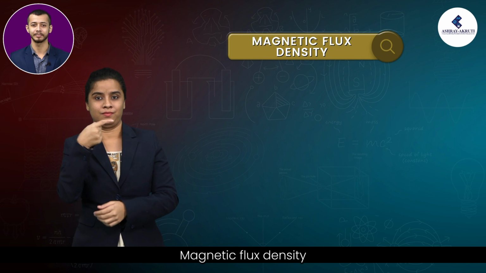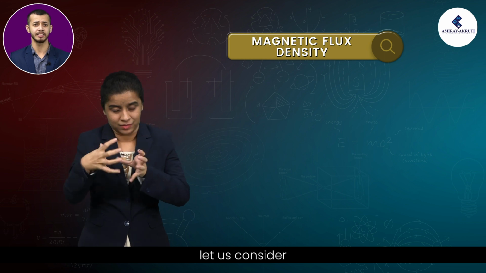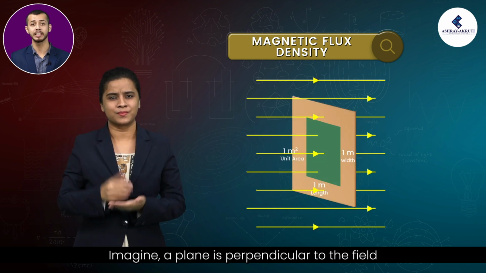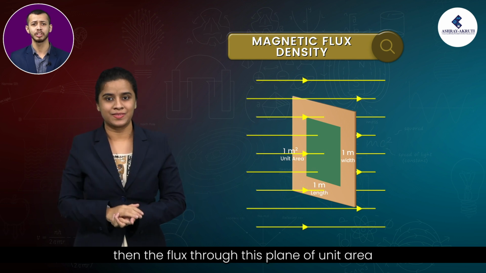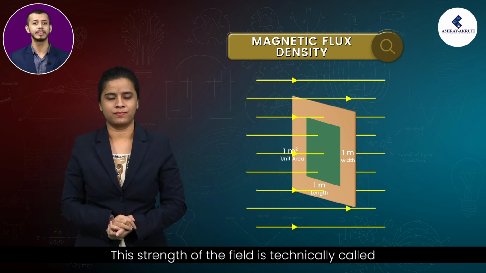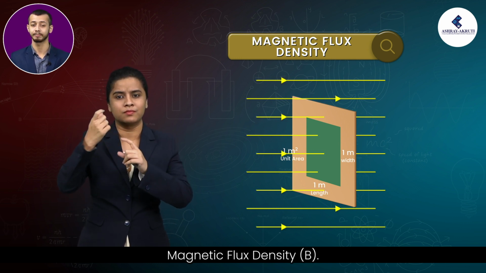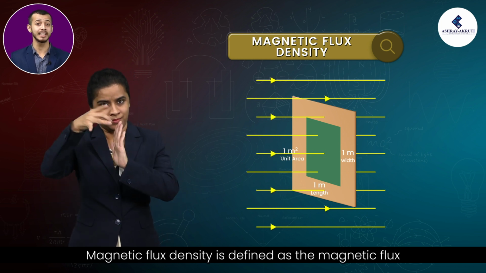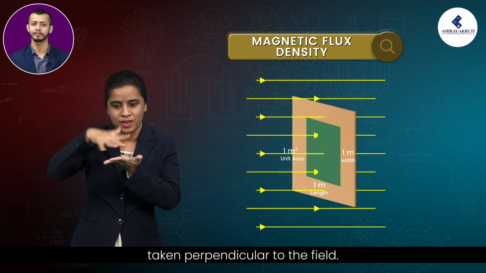Magnetic flux density. To understand the concept of magnetic flux density, let us consider a uniform magnetic field in space. Imagine a plane is perpendicular to the field and has unit area. Then the flux through its plane of unit area gives the strength of the field. This strength of the field is technically called magnetic flux density, B. Magnetic flux density is defined as the magnetic flux passing through a unit area taken perpendicular to the field.